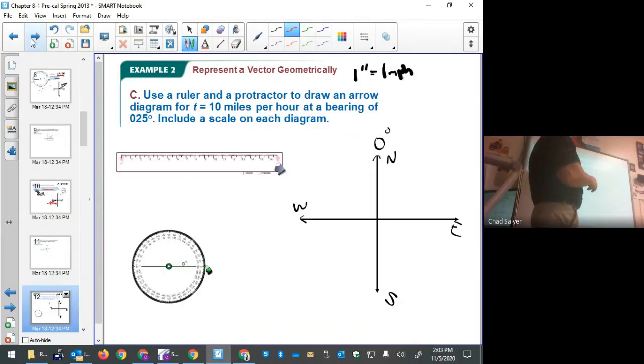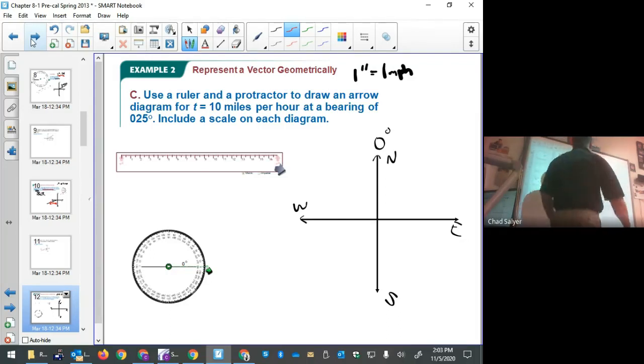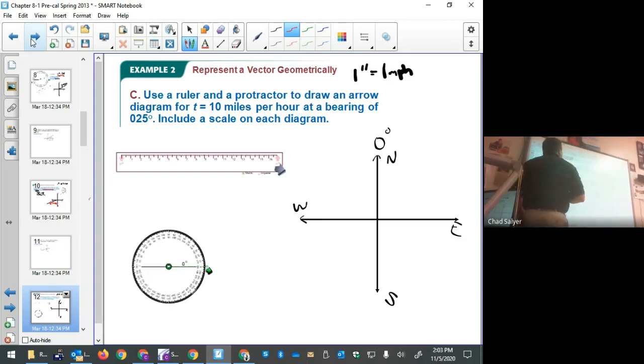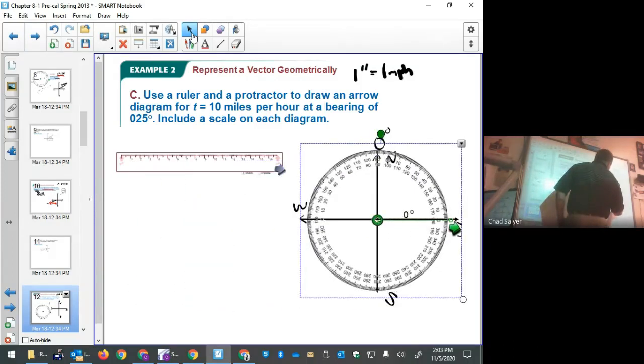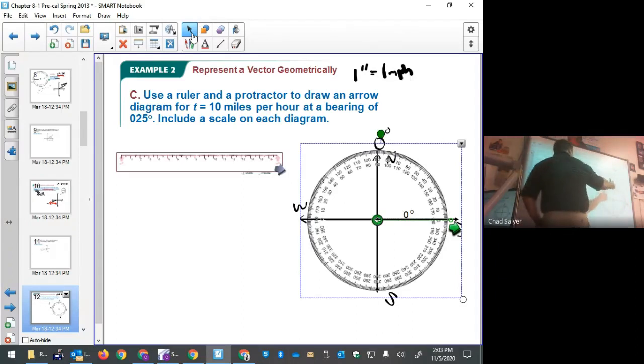So what about this true bearing? So here we got t equals 10 miles per hour. I'm going to let 1 inch equal 1 mile per hour. You should probably let 1/8 of an inch equal 1 mile per hour, which is a little tick mark on your ruler. First of all, the true bearing. So the way the true bearing works, this is 0.